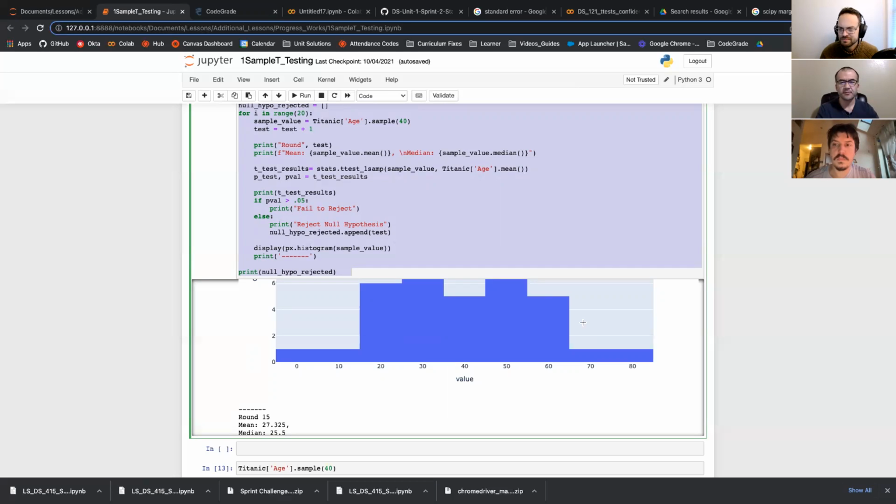Mm-hmm. Absolutely. The reason we warn against p-hacking is because when you're working with statistics, you have to specifically recognize that there's going to be a certain percentage of your results that are going to be incorrect.